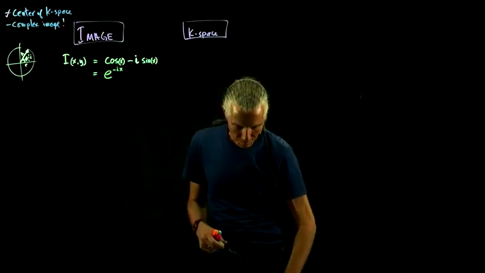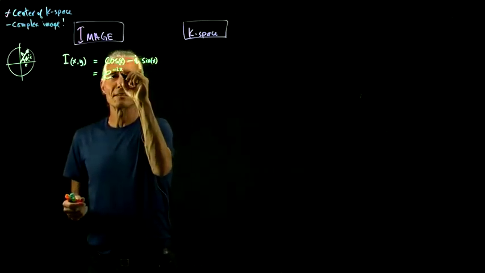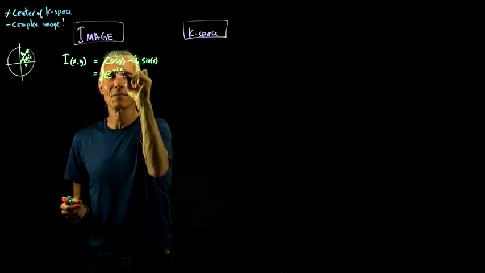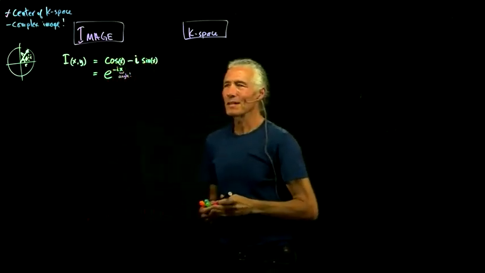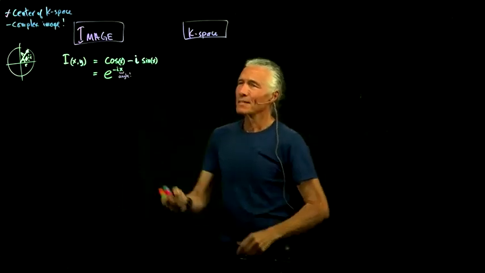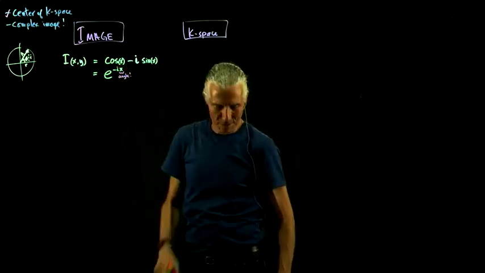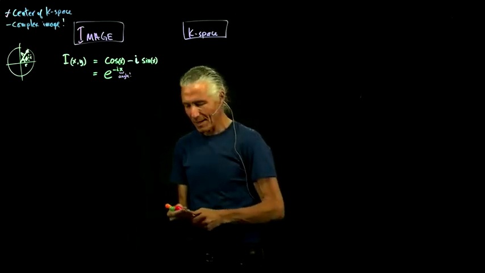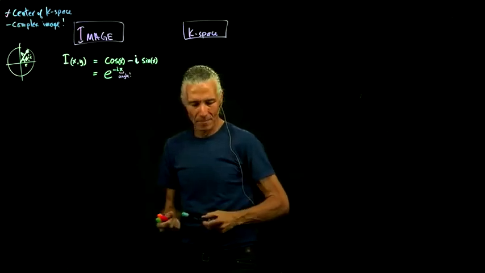And don't forget, x is serving as an angle here. You can see it's an angle because we're taking a cosine of it also. Okay, so what does that look like now for the real and imaginary part of our complex image?